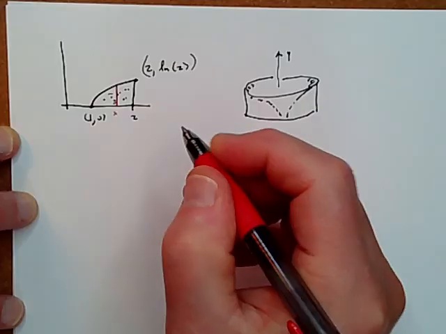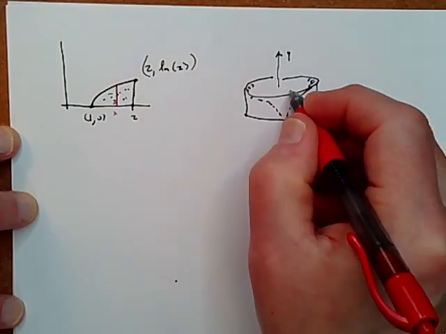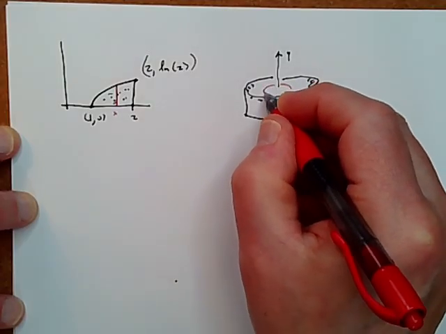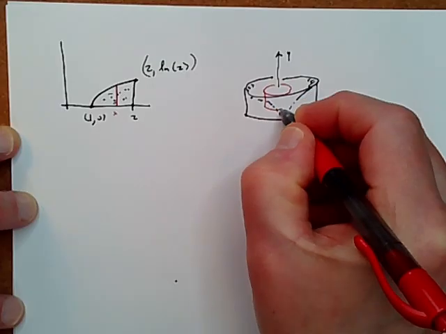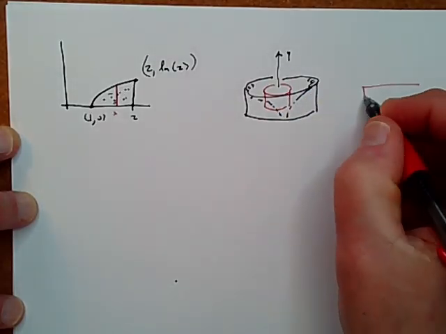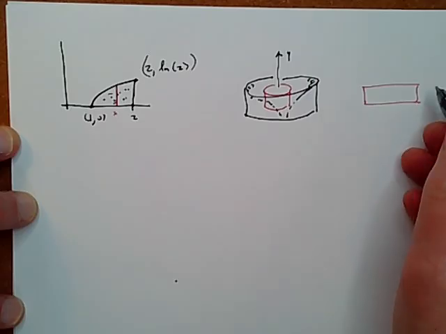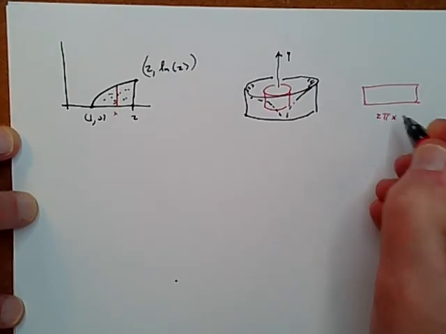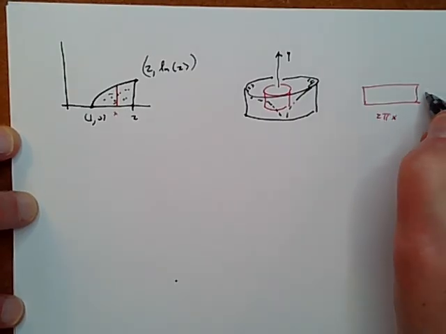If I take a shell, then it would look like so. And when you cut it and laid it out flat, it would be 2 pi x by ln x by dx.